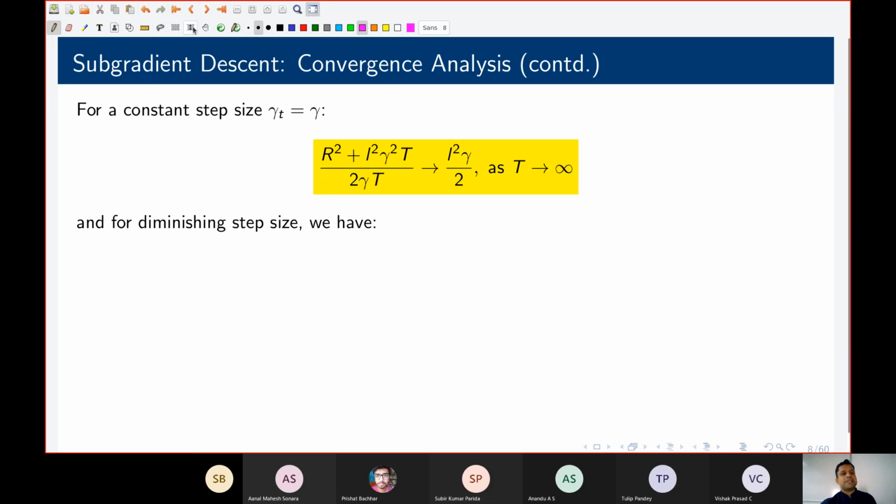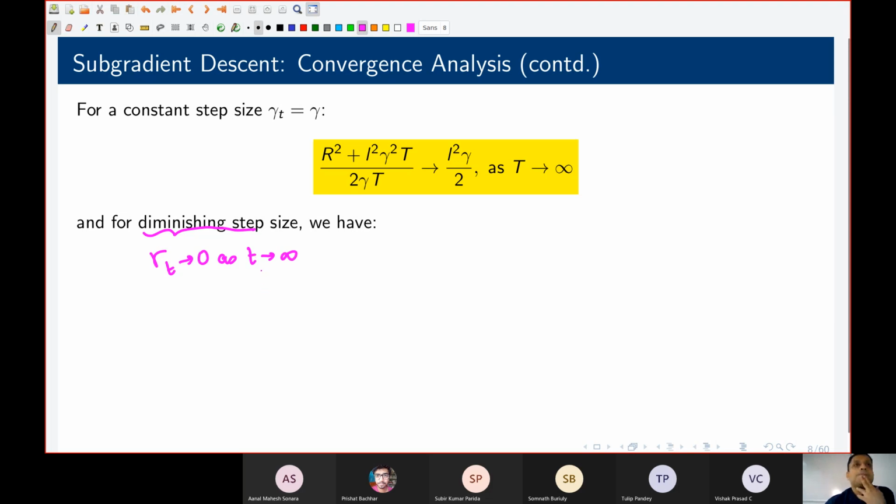But for diminishing step size, what do you get? Okay, what is the notion of diminishing here? So certainly gamma t goes to 0 as t tends to infinity.